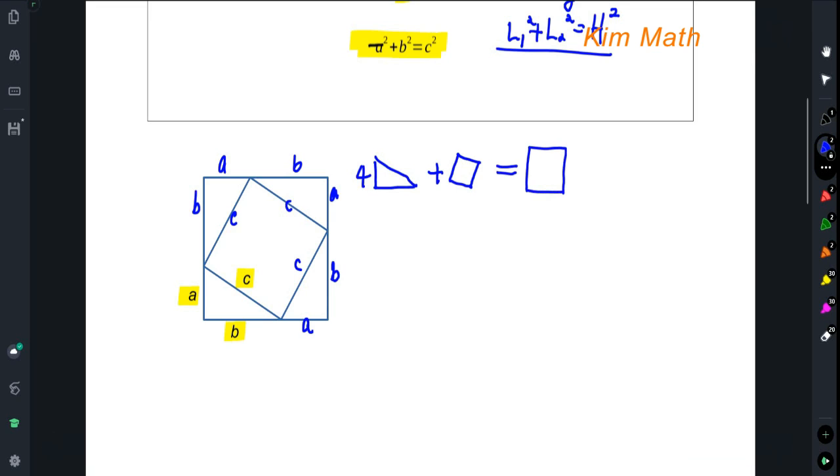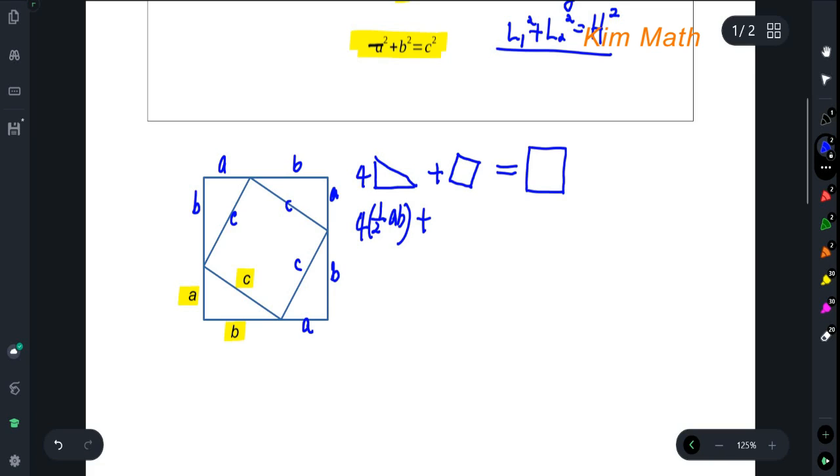So if I try to find the area of each part, the area of a right triangle is 1/2 times base times height, right?